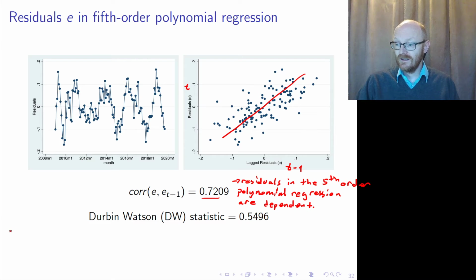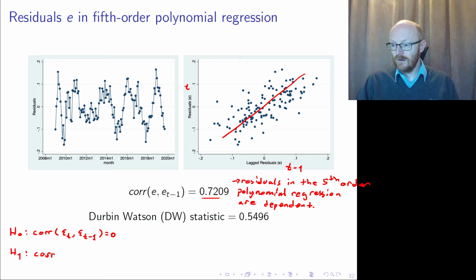Remember that the null hypothesis is that the correlation between the true error at time t and the true error at time t minus 1 is 0, and the alternative hypothesis is that this correlation of the true values is different from 0.